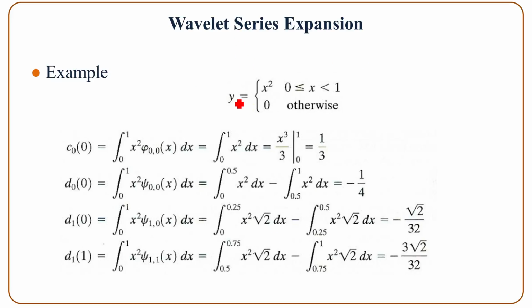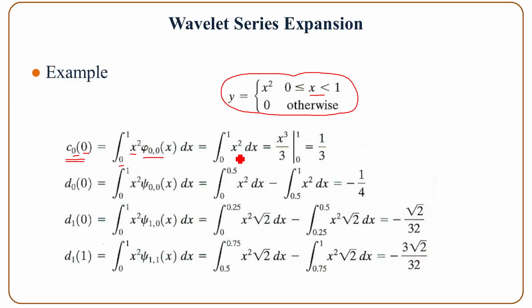Now let's look at this example. If you have a quadratic function x squared for x greater than or equal to 0 and less than 1, then c 0 0 is equal to the integral from 0 to 1 of the function x squared times phi 0 0, and phi 0 0 is actually equal to 1 for x between 0 and 1.